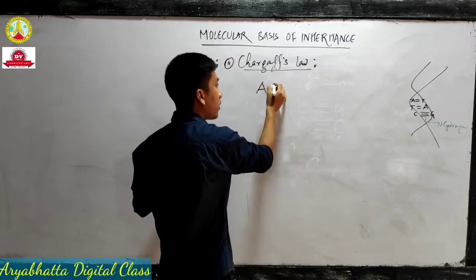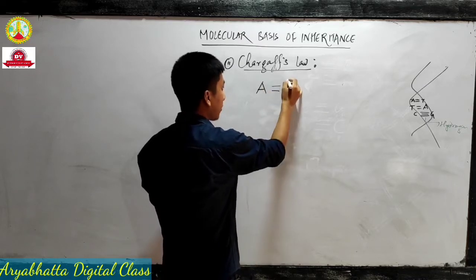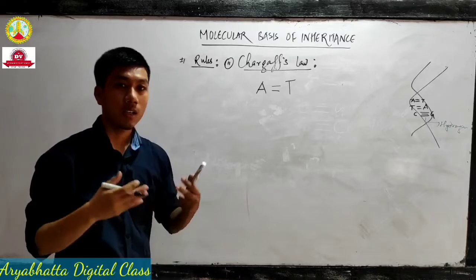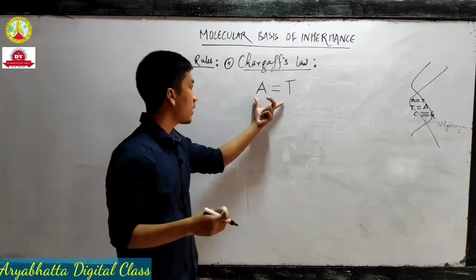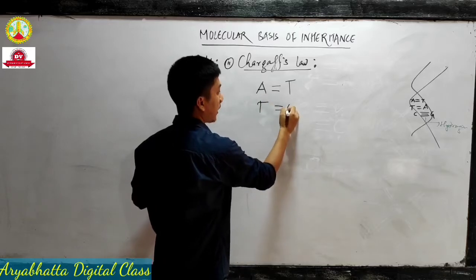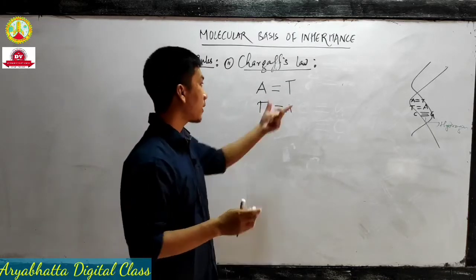Here I am giving an equal sign, okay? This is not a double bond, this is an equal sign. So according to Chargaff's law, adenine is always equal to thymine, not pairs with, and thymine is always equal to adenine. That means the number of adenine will be the same as the number of thymine.